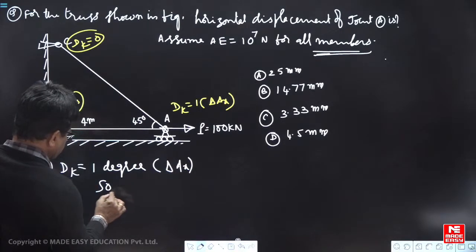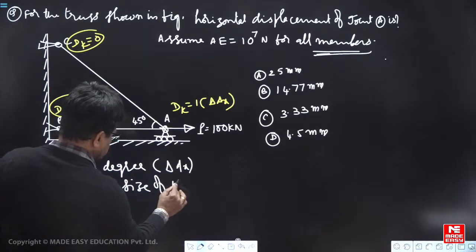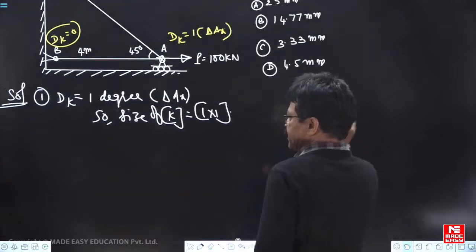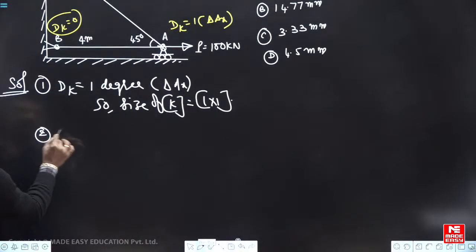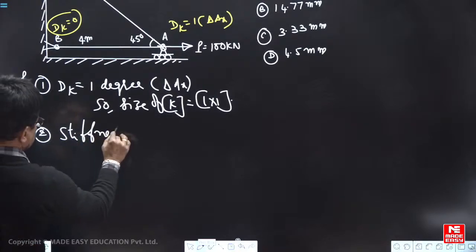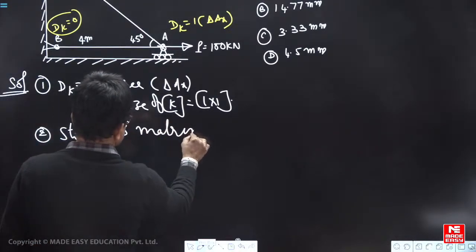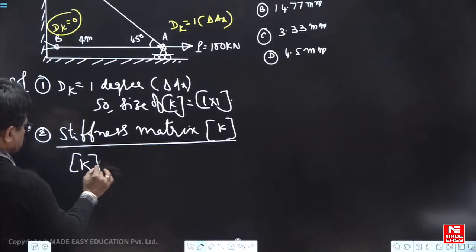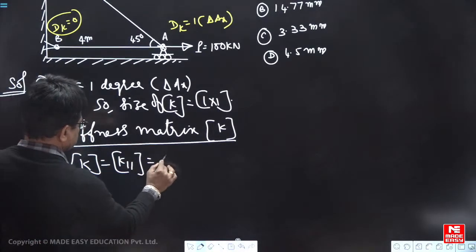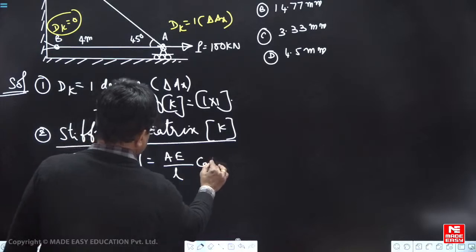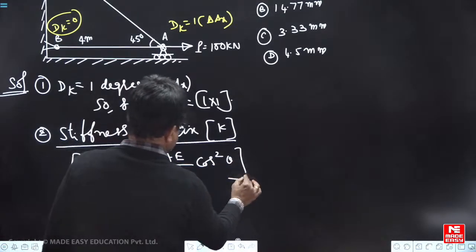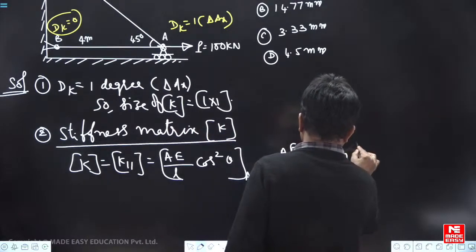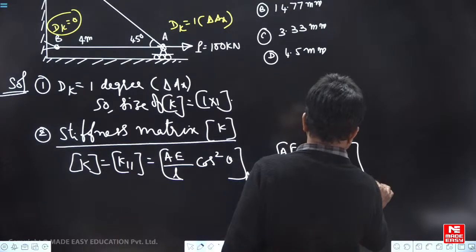So size of K is 1 by 1. So now if you want to find the stiffness matrix, that stiffness matrix K will have only one element. K is equal to K11. This is the formula: AE by L cos square theta for the member AB, plus AE by L cos square theta for the member AC.